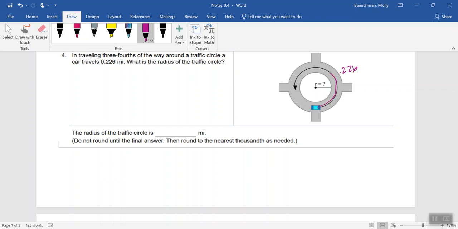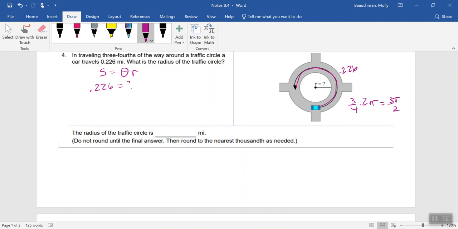And we're given that the angle is 3/4 of the way around, so we have to figure out 3/4 of the way around the circle. Then we're going to substitute the values that we know into the arc length formula. So arc length is equal to theta times the radius. Our arc length is 0.226 miles. That equals the angle, if we go 3/4 of the way around, 3/4 of 2 pi is 3 pi over 2.